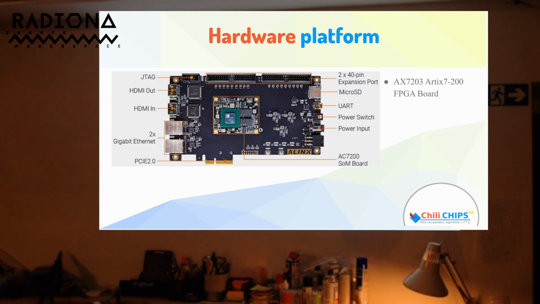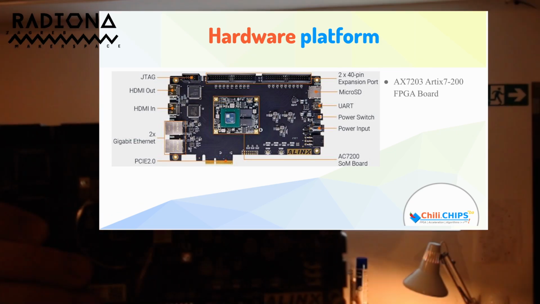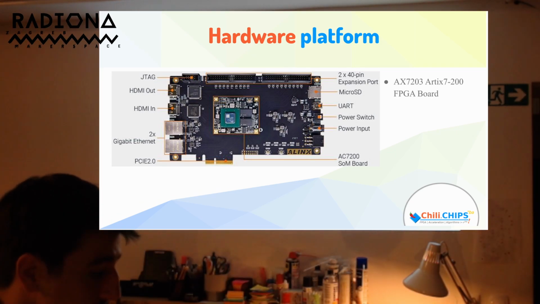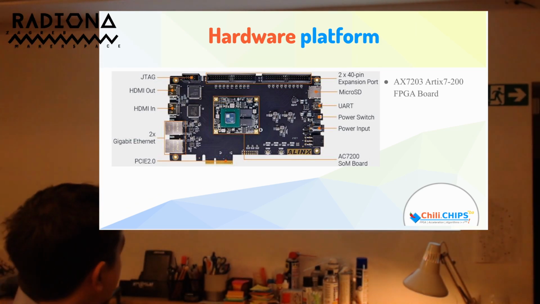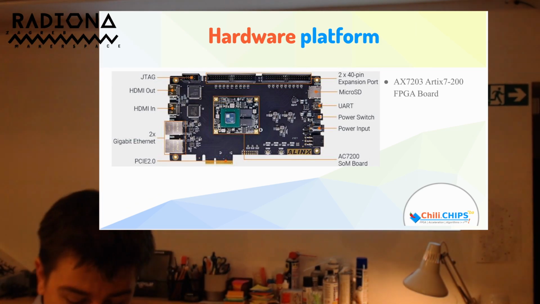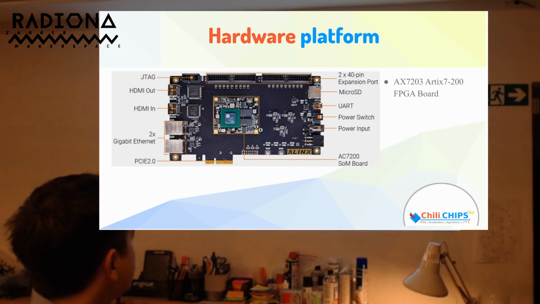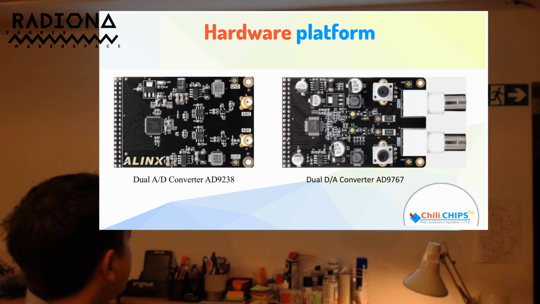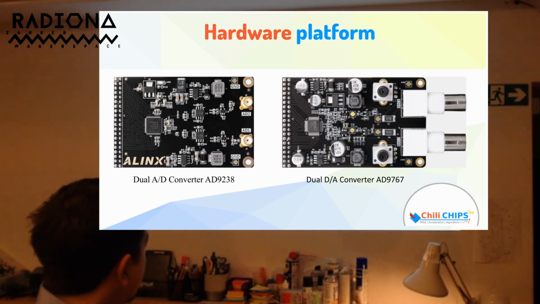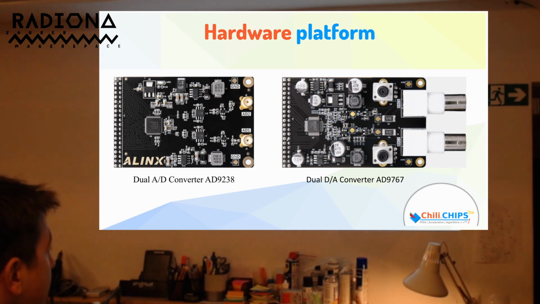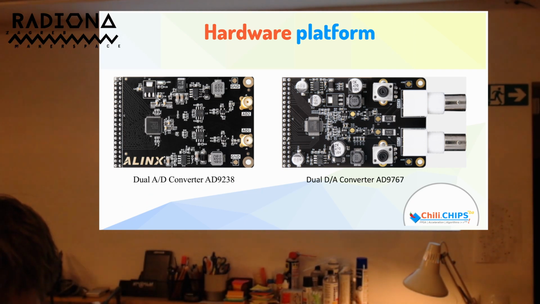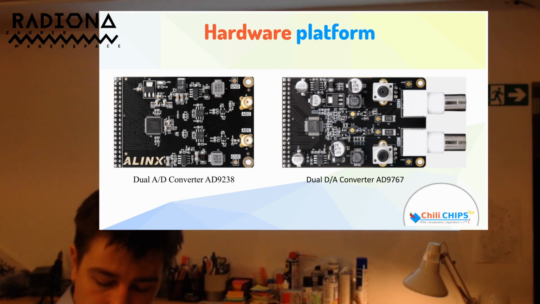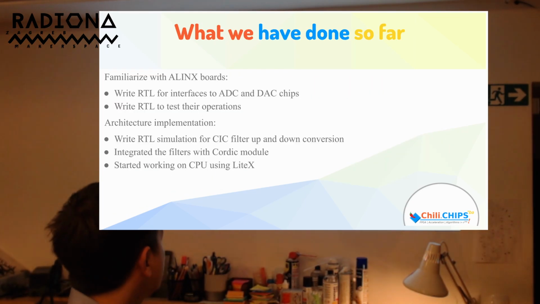It's an Alinx board, as can be seen on the slide, and it's pretty close to the WireGuard board overall. It has 200k LUTs and uses the Artix 7 FPGA. We also have the AD and DA converters that are plug and play with this board. My colleagues will present that next, so I won't take too long.